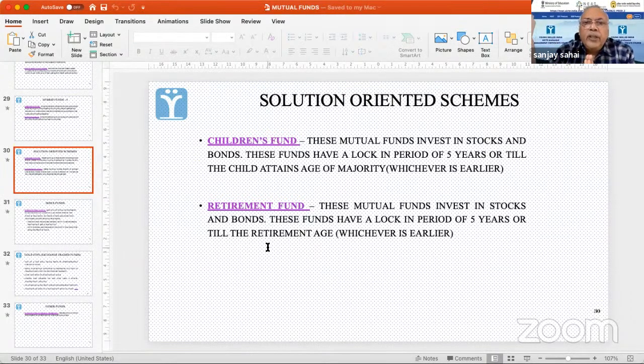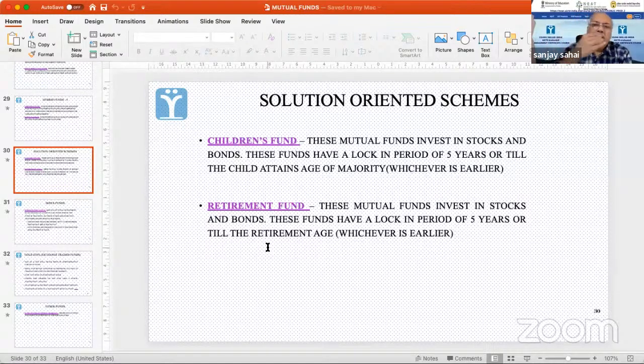The basic point to remember here is that these solution-oriented schemes, and I had shown you on the site also, that these schemes are there. Please note one thing: every single fund that I have mentioned here, these types of funds are there, and you will be able to actually invest in any of them.